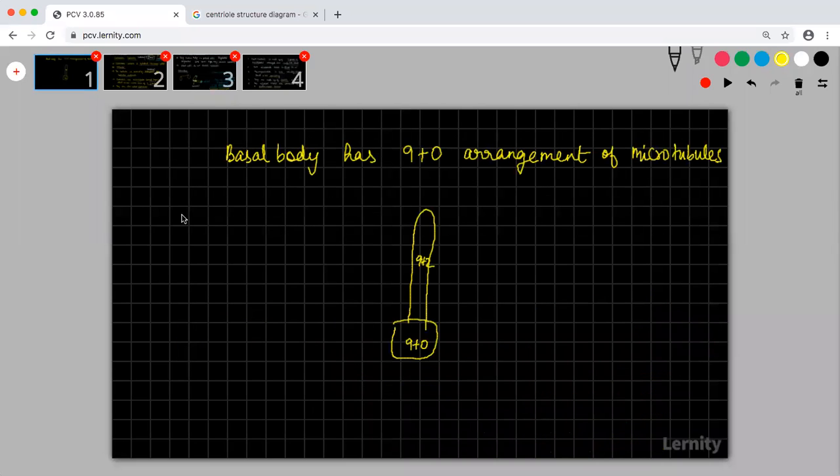You have a triplet here, and then you have a triplet here.